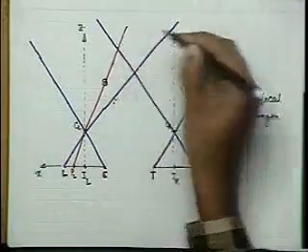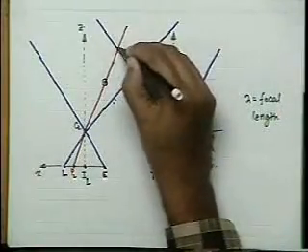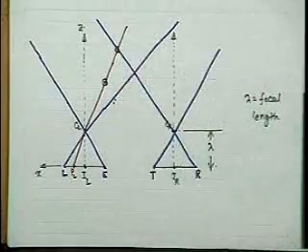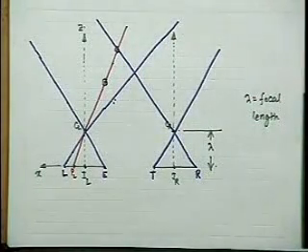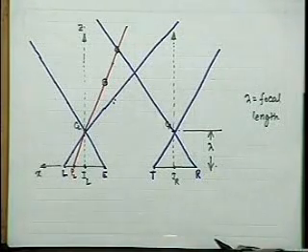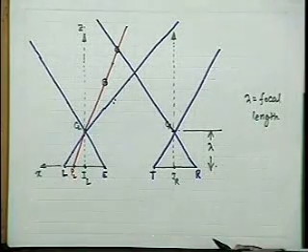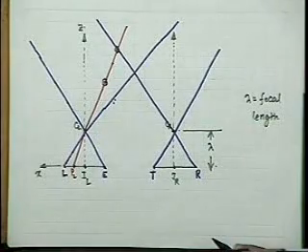But if the point P lies exactly over here, what do you think will be seen on the right side camera? Extreme right.